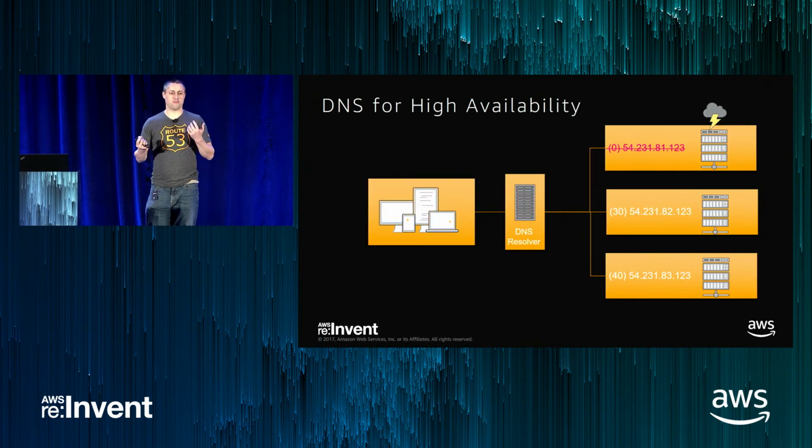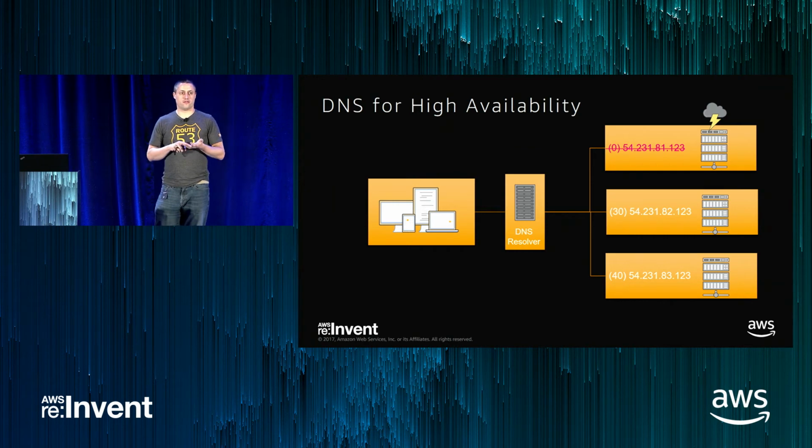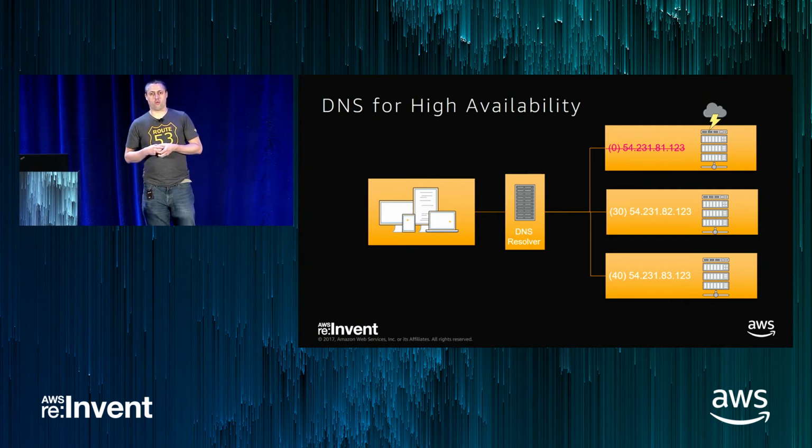Maybe it'll make a GET against slash or against slash status or something like that. And the status code must be between 200 and 400. If it's outside of that, if you return a 500 or a 400, we'll mark that as unhealthy and take it out of service.